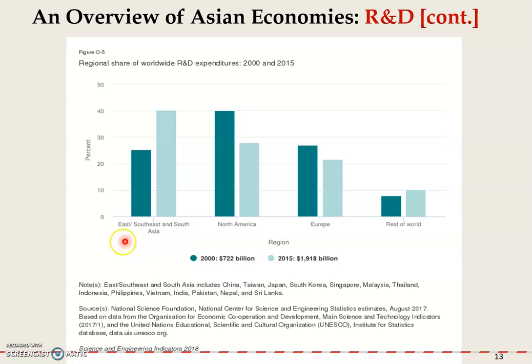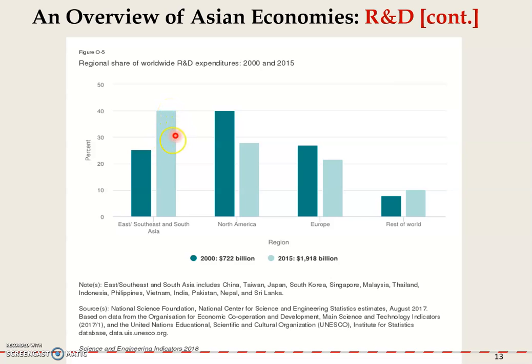Now if you take a second, you can pause the video and look at the trend or the change between the 2 years. You should be able to find that it's pretty impressive, right? So East, Southeast, and South Asia, their share of the global R&D spending increased a lot from approximately 25% back in 2000 to nearly 40%.